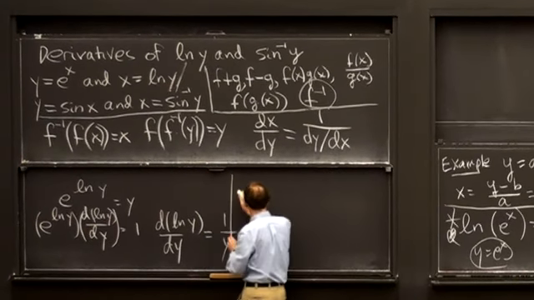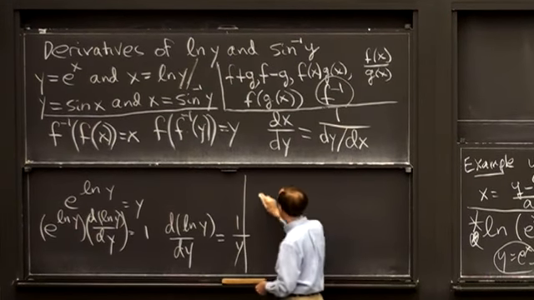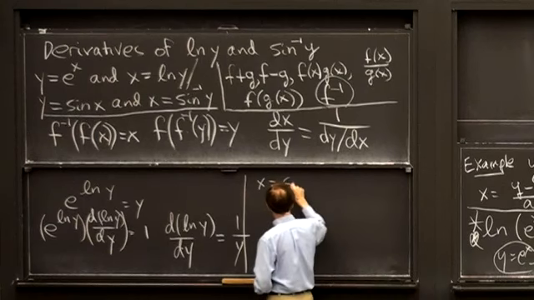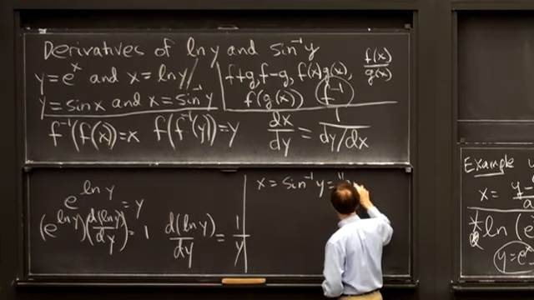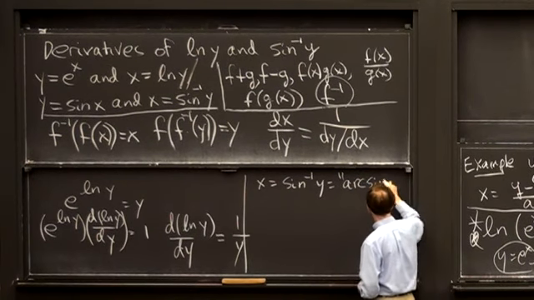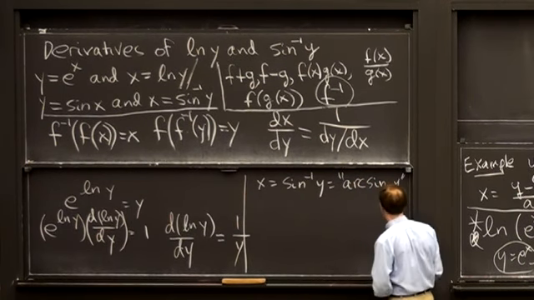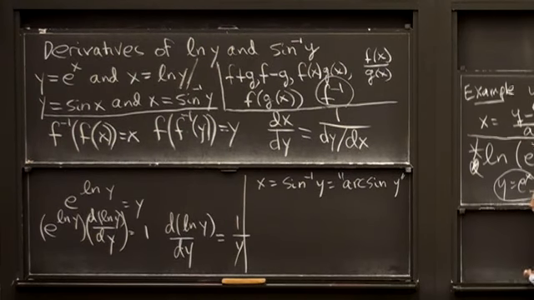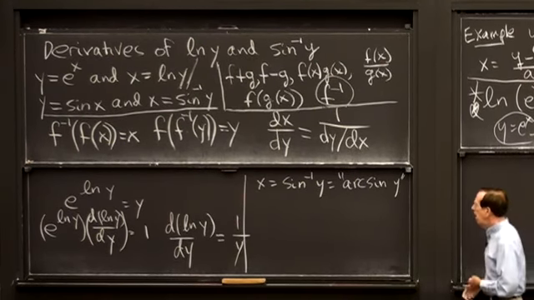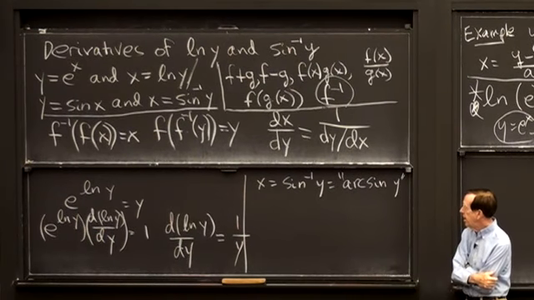This side of the board is now going to be x is the inverse sine of y, or it's often called the arcsine of y. Okay, good.